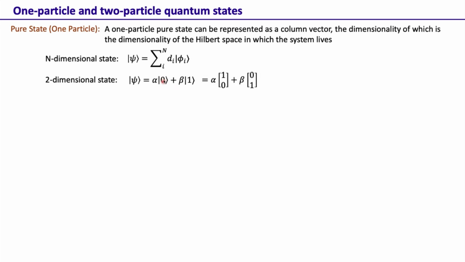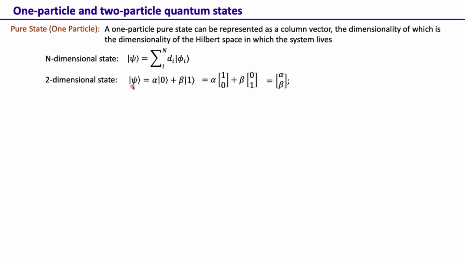This ket 0 we can call ket H or ket V, or ket 0 or ket 1. The ket 0 can have a matrix representation in the 2D basis as (1, 0), and ket 1 can have the matrix representation (0, 1). So, we can write it as (alpha, beta).